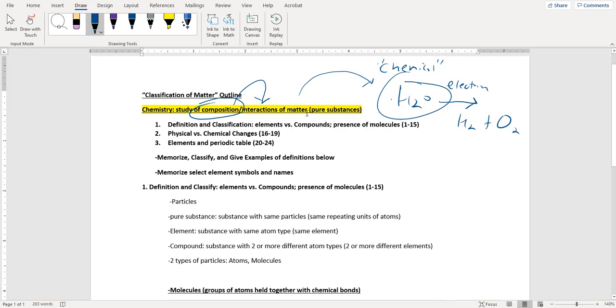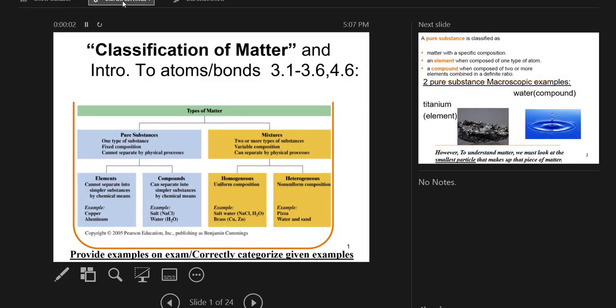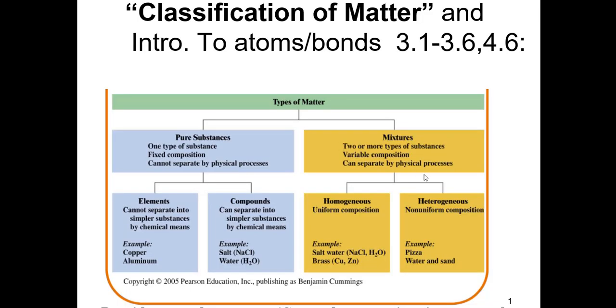So now we're going to be investigating a type of matter called pure substances. And this is where we get the term classification of matter, because we're going to break down matter into different categories, starting with pure substances.